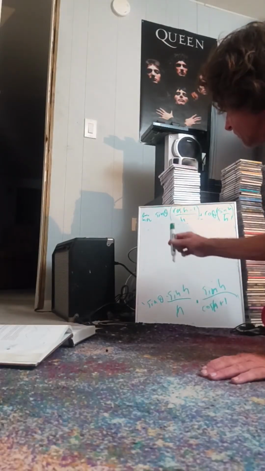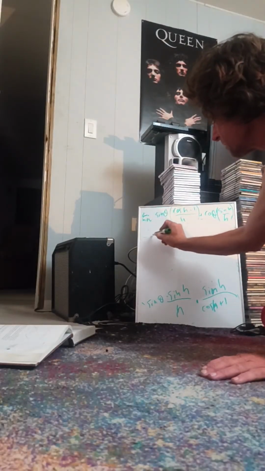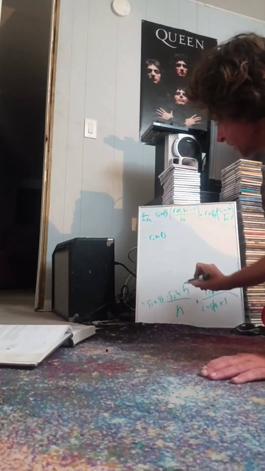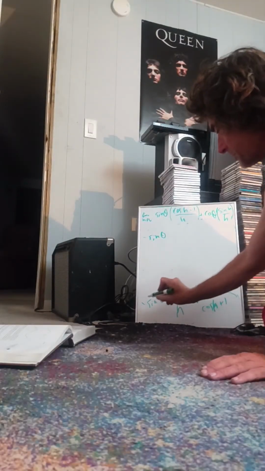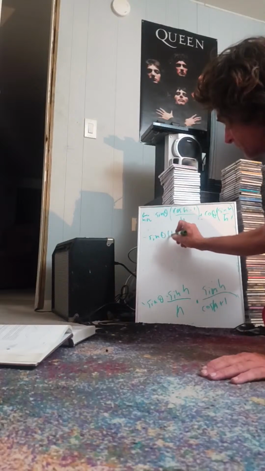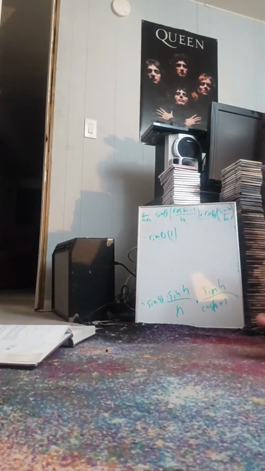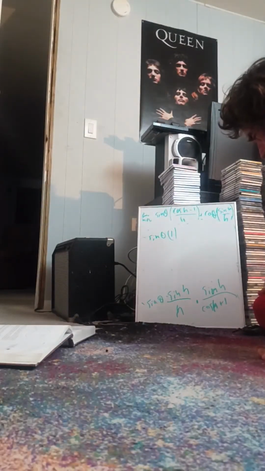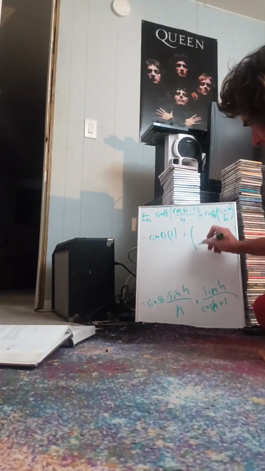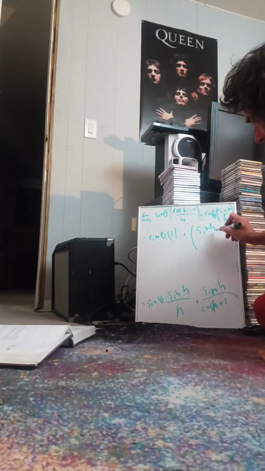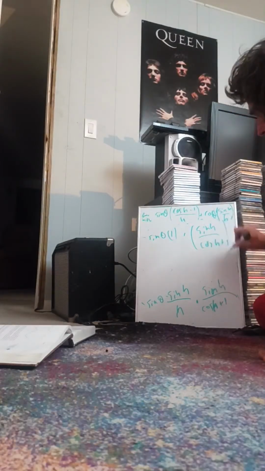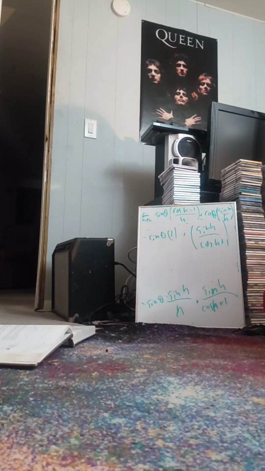So I have minus sine theta. The limit as h approaches 0 of sine h over h is 1, so I have times 1, and then times sine h over cosine h plus 1, limit as h approaches 0.